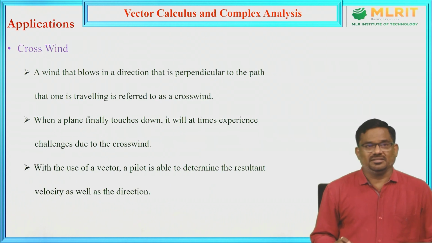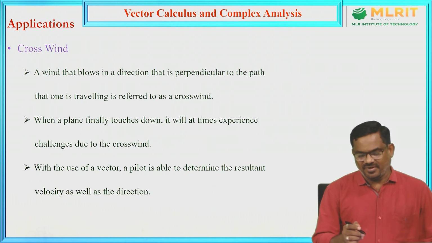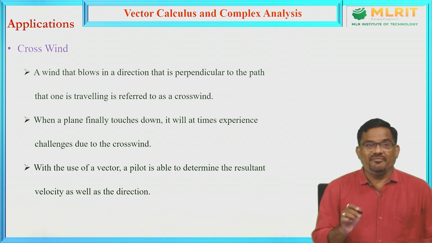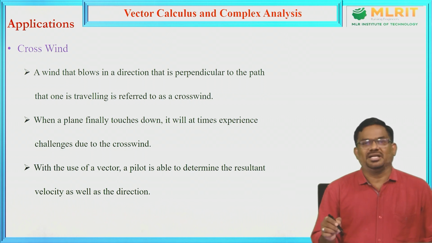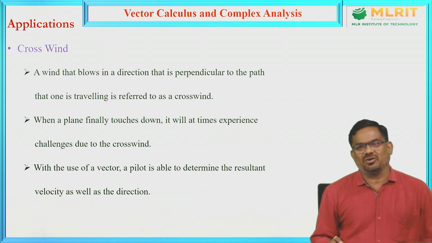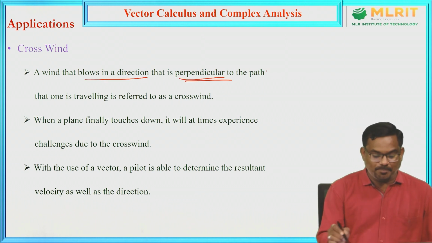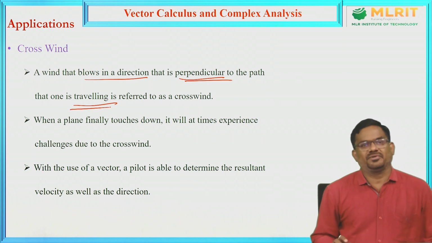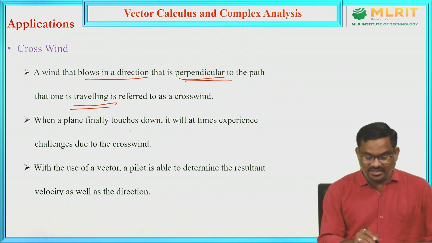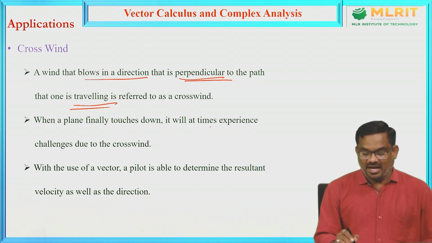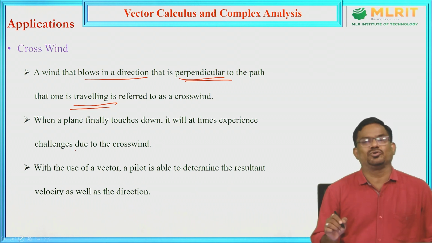And finally, the crosswind, a well-known topic to everyone. A wind that blows in a direction perpendicular to the path of traveling is called crosswind. When a plane finally touches down, it will at times experience challenges due to the crosswind.